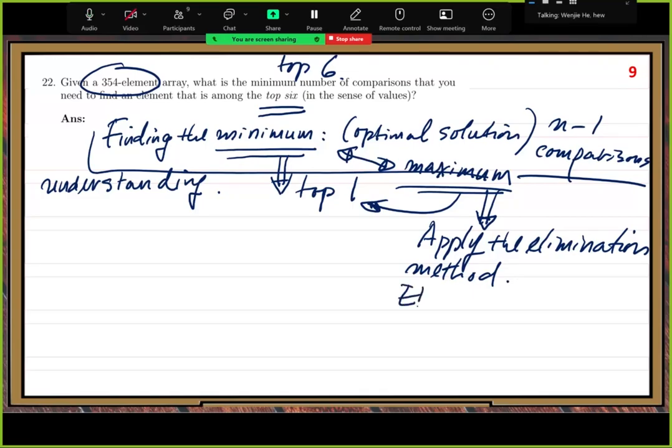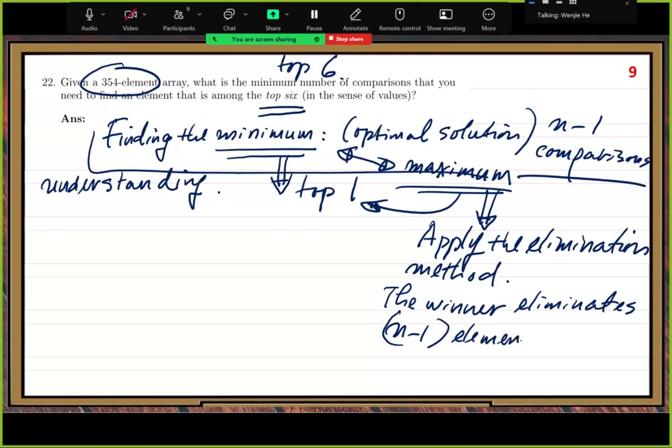We eliminate by the winner. The final winner eliminates N-1 elements by comparisons.